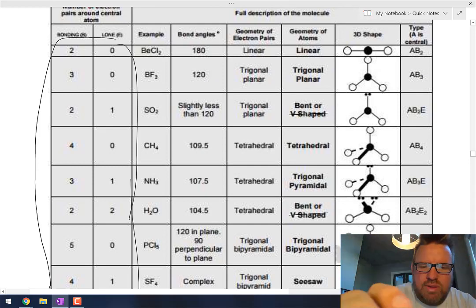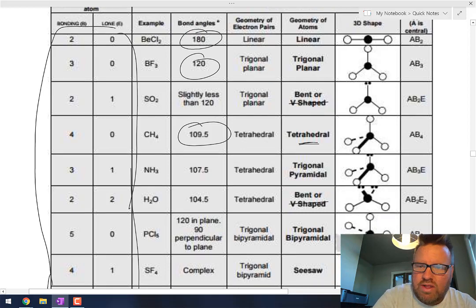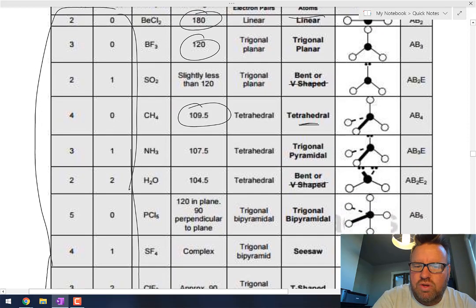The three bond angles you should be familiar with are 180, 120, and 109.5. So if it has a tetrahedral shape, it will have a 109.5 degree bond angle. And really the big one here is this column, the actual shape.